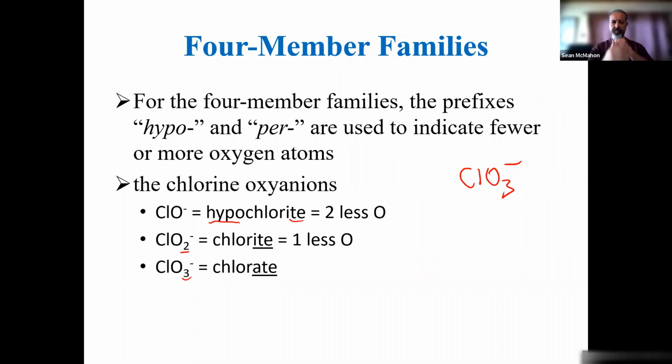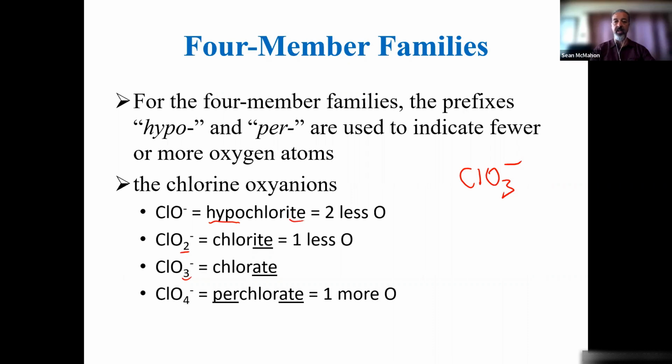If you've ever heard the hyper person has a lot of energy, hypo means you're less energy, or hypoosmotic. So just think hypo means not 1 less, but 2 less. Okay. So that's 3 of the 4 members of this family.